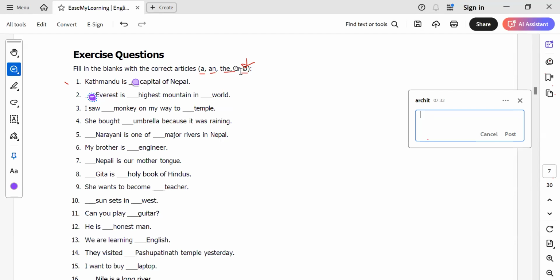This question covers multiple concepts in just one sentence. If your answer is nothing, just put nothing, or you can put null. That is also fine.